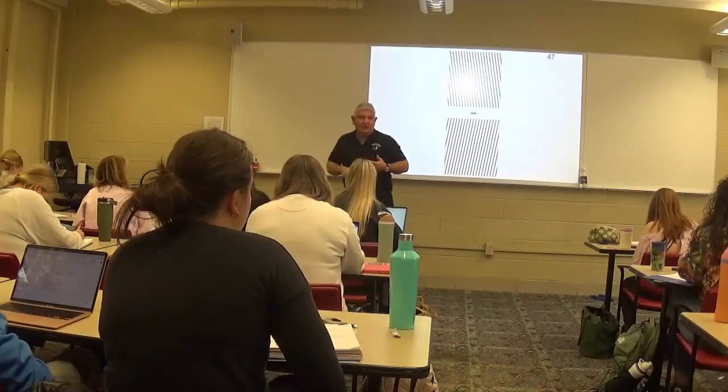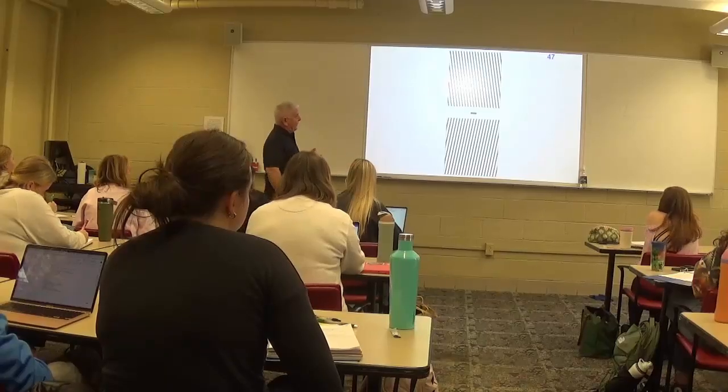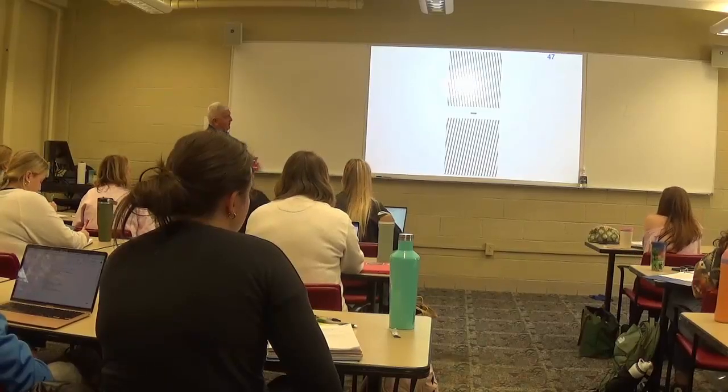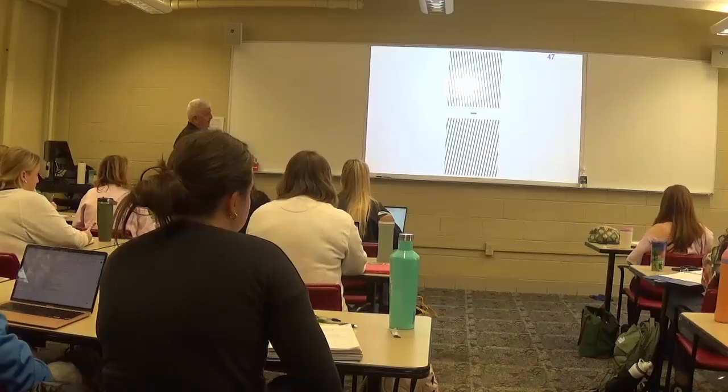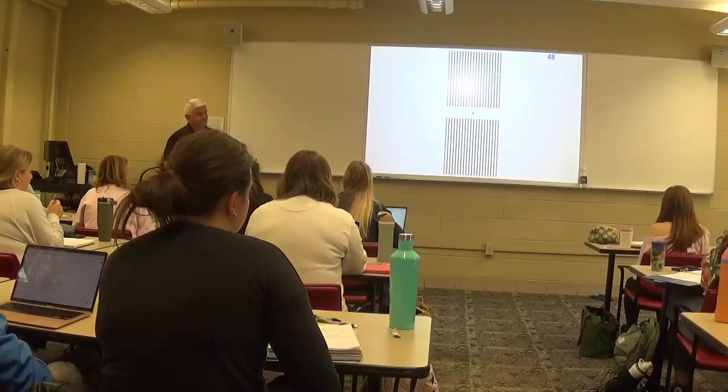Okay? So I want you to look up here. I want you to look right at this black bar. Everybody stare at the black bar. You're not moving your eyes. You're not moving your head. And then in a second, I'm going to change it. I want you to tell me what you see. So we're staring at the black bar. All right, what do you see? What happened to the lines when it went to a circle?